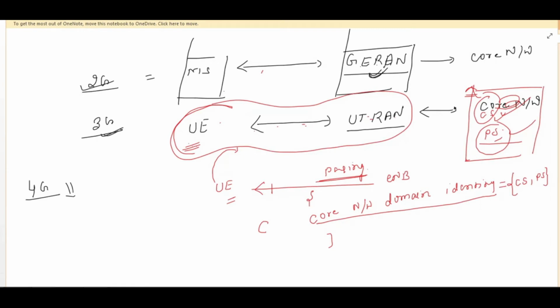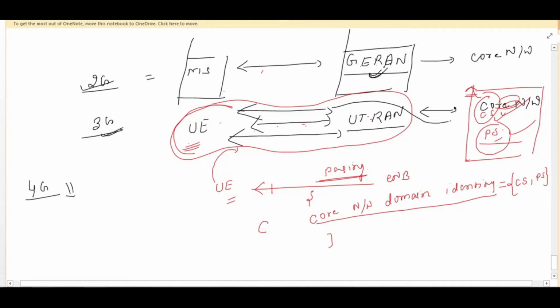If you want to make a CS call, your path will be this only. If you want to make a PS call, same path. Yes, in the core network your CS call will terminate at this domain, and if it is PS, it will terminate at the PS domain. In the core network we have two different domains, CS and PS.